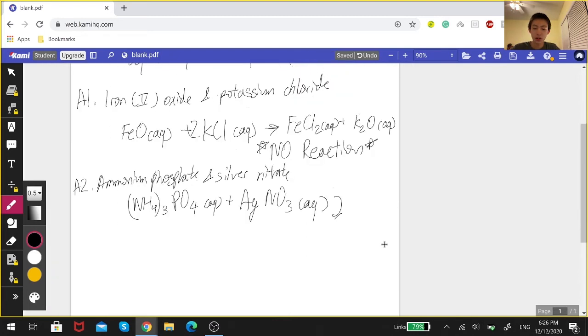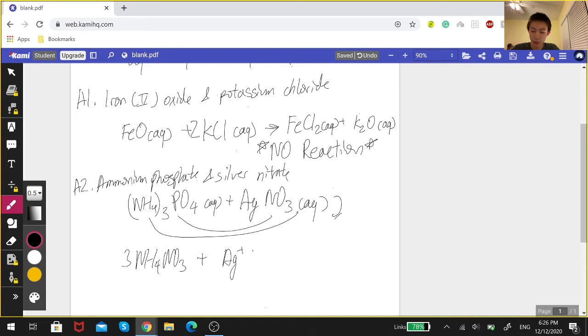The outsides come together and the insides come together. NO3 has 1 minus while NH4 has 1 plus. So it's going to be NH4NO3; these two are already balanced. Since there's 3 over here, we're going to have to add a 3 over here. And our insides come together, which is Ag plus PO4.